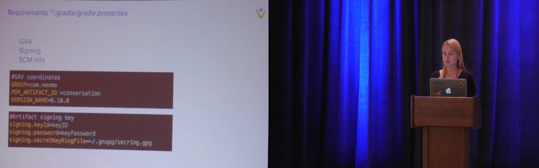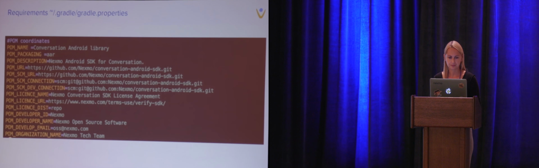And then another mandatory point is the signing. You will have to sign using a GPG key. And you will have to provide some source control information, like where your repository is located, also some licensing texts, and some developer information. That is, I think, optional.